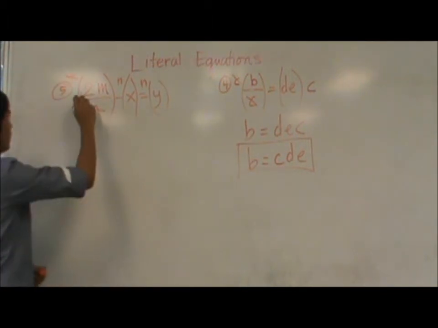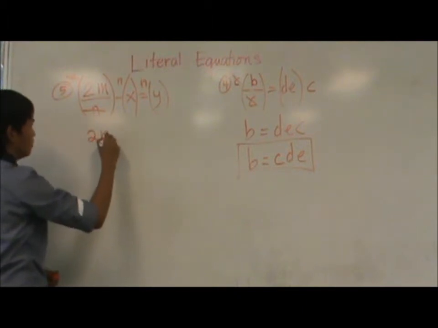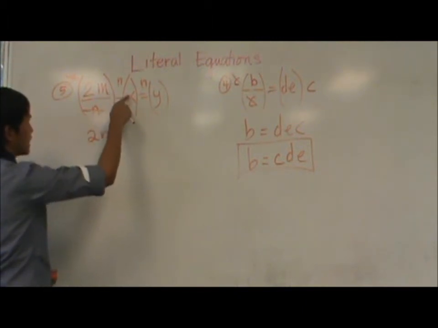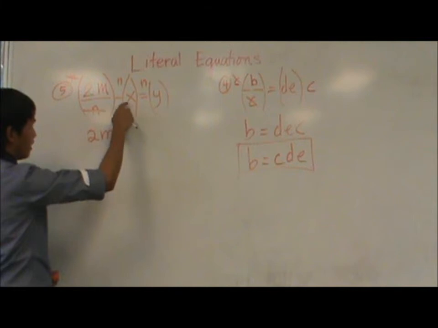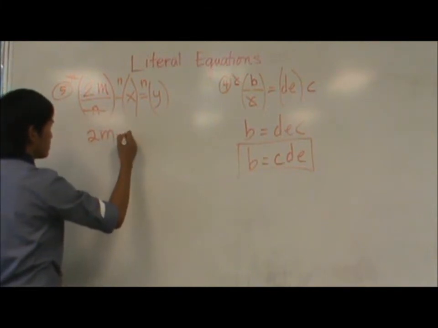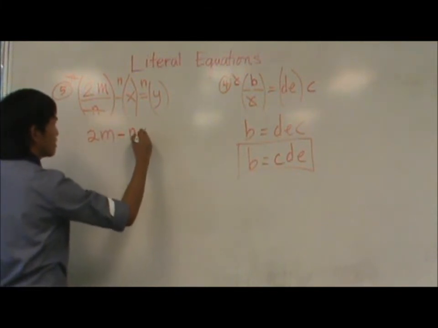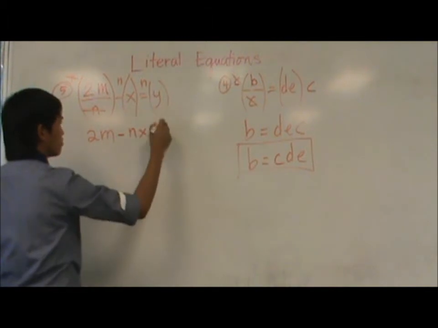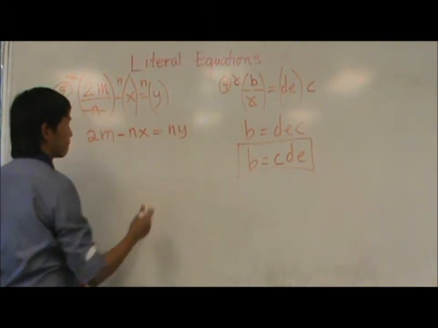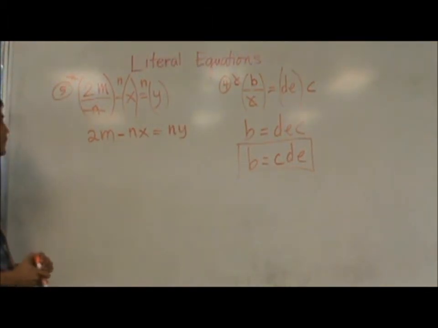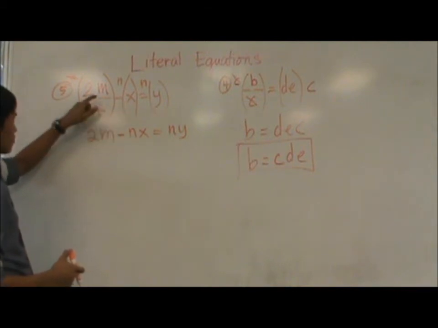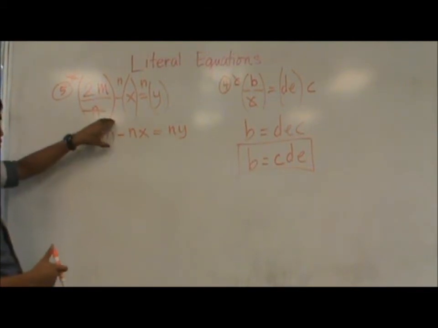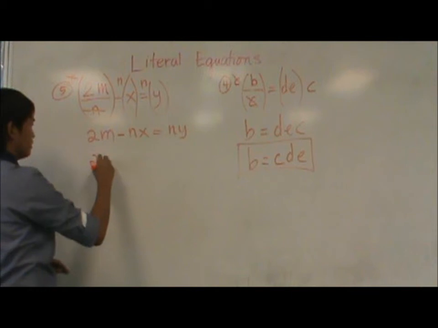Here we go. Now we have 2m alone. n times x is, because we have minus, going to be minus nx. n times y is going to be ny. Keep in mind, we're solving for m, so we have to keep it on the left side.